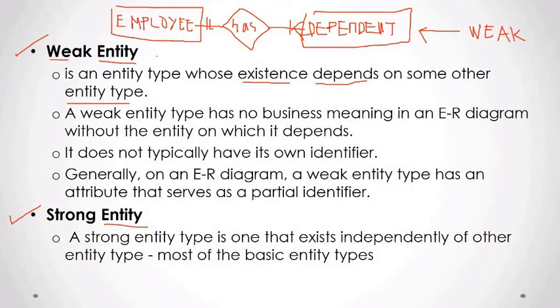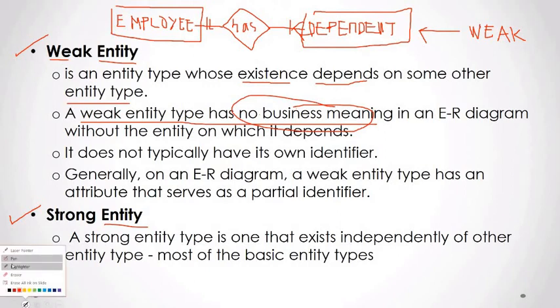That's why you will notice here that it says that a weak entity has no business meaning. Okay? Now that's because, again, if we are going to remove this entity, then what's the point or what is the importance of this entity?